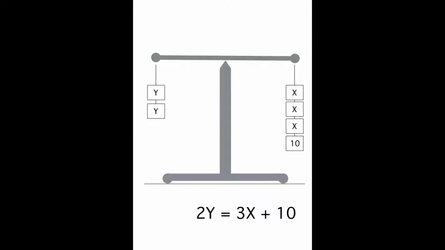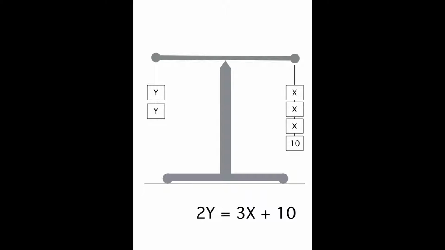I'm going to reorganize this equation, keeping it balanced all of the time. Looking at this equation, I want x by itself. At the moment on the right-hand side, I have 3 x's plus 10. So the first thing I want to do is get rid of that 10 there because it's a nuisance.